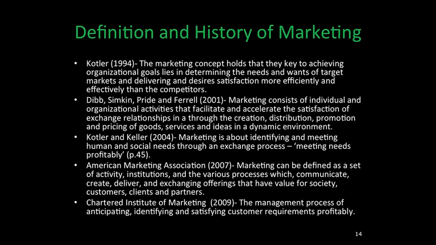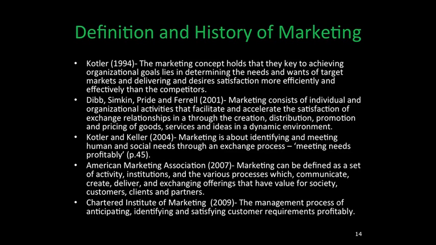Kotler and Keller in 2004 develop it further and say that marketing is about identifying and meeting human and social needs through an exchange process, meeting needs profitably. And here we're seeing the movement towards that relationship, towards that experience.